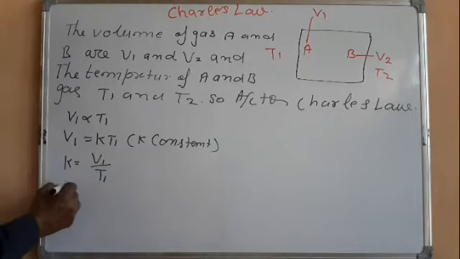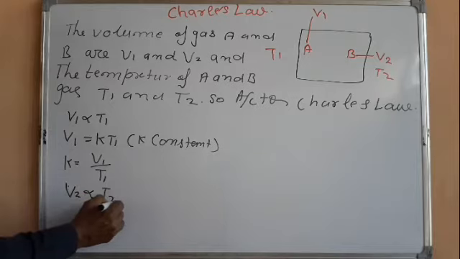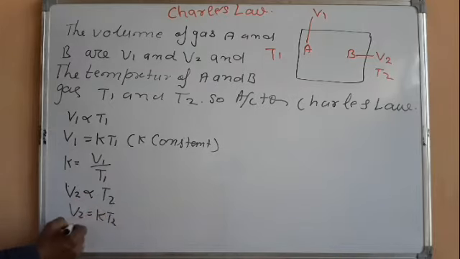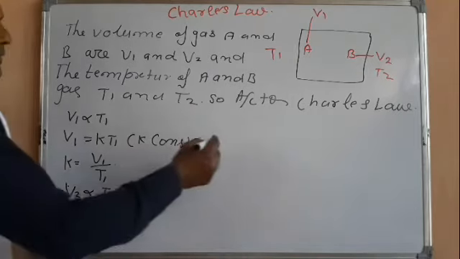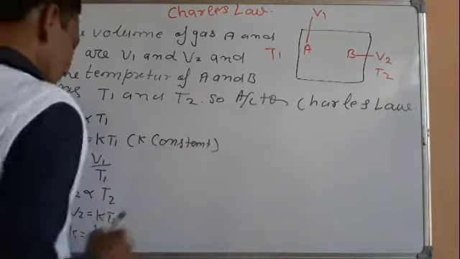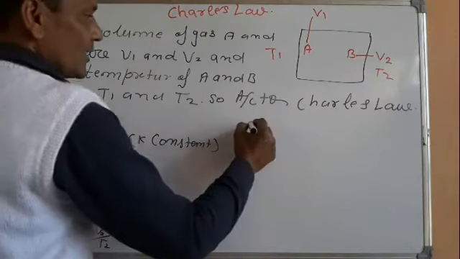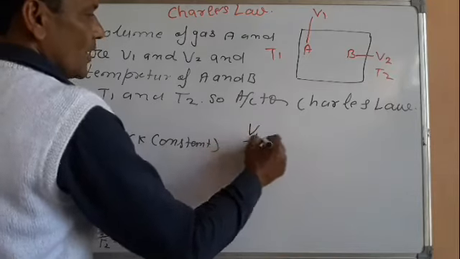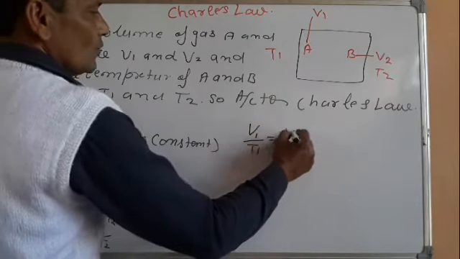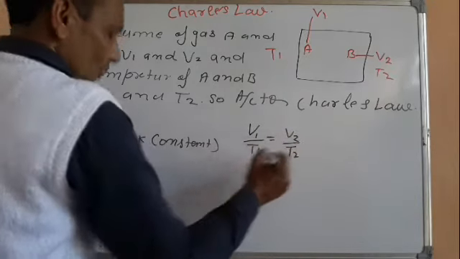For the second gas V2 is proportional to T2, V2 is equal to K T2 and K is equal to V2 upon T2. K is a constant. So from equations first and second, V1 upon T1 is equal to V2 upon T2.